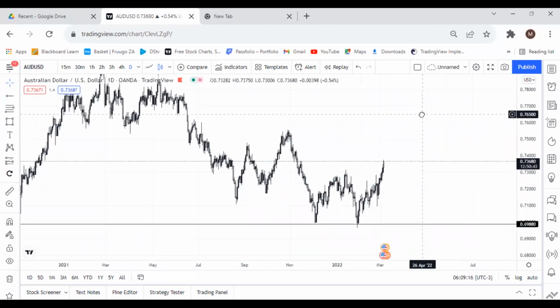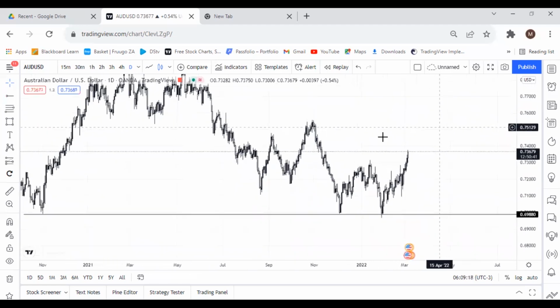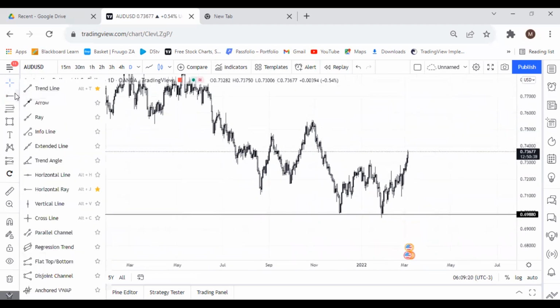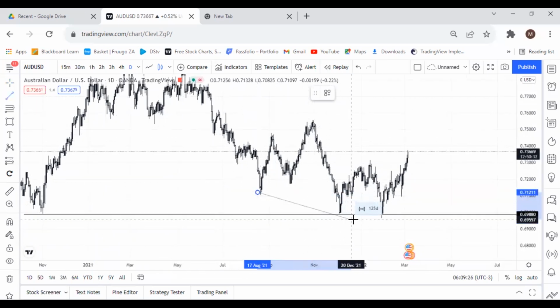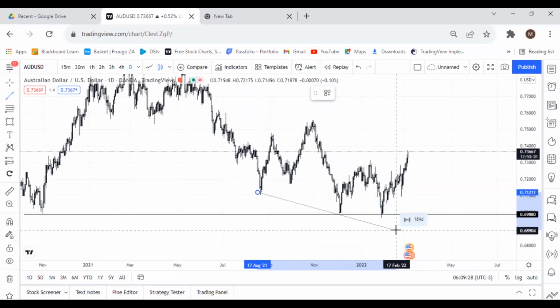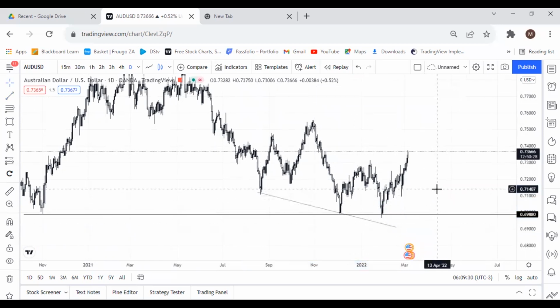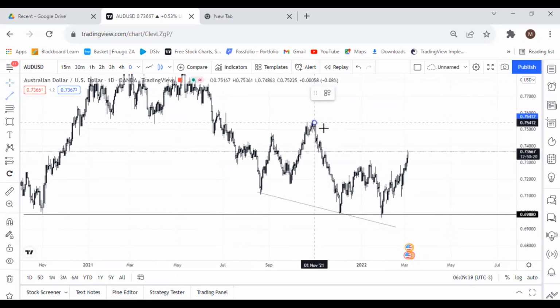Step 2 is getting the structure. So with the current price, we're just going to quickly get our trendline tool and draw this. You can see the market had this downtrend or descending structure, considering that this is the resistance of our structure.